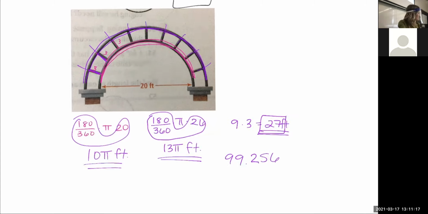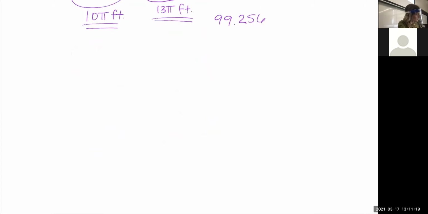Okay, this one they tell you the circumference of a circle is 26 pi inches, and they want to know the area. Okay, so think about what you know for circumference and what you need to know for area. Area is pi r squared, right?